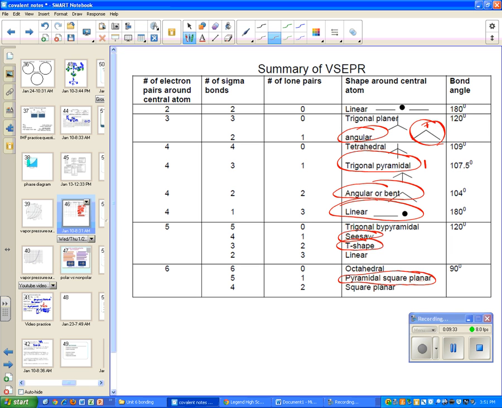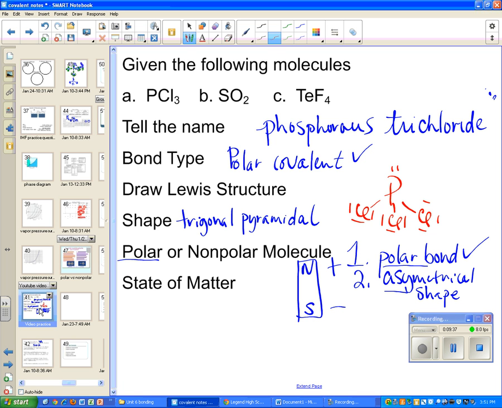That's a possible polar shape. So I know 2 criteria, polar bond, asymmetrical shape. So this is a polar molecule. If any of those were no, if it was a nonpolar bond, I'm a nonpolar molecule. If I have a symmetrical shape, it's a nonpolar molecule. So you could have a polar bond, and then you have a shape that's symmetrical, you're still nonpolar.